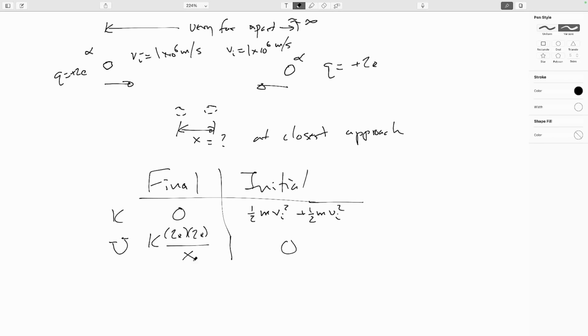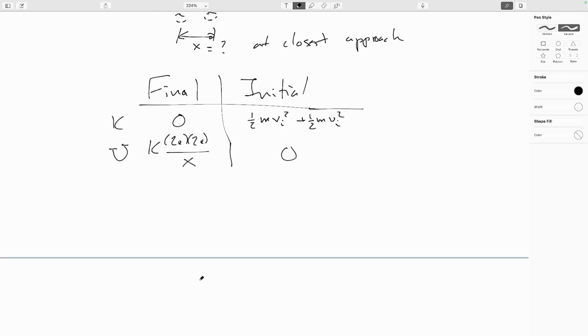So let's go ahead and equate, and we'll try to clean up the math just a little bit while we're at it. This is going to be 4ke squared over x, just 2 times 2 is 4, e squared. And then half plus a half is 1, so this will be equal to m v initial squared.